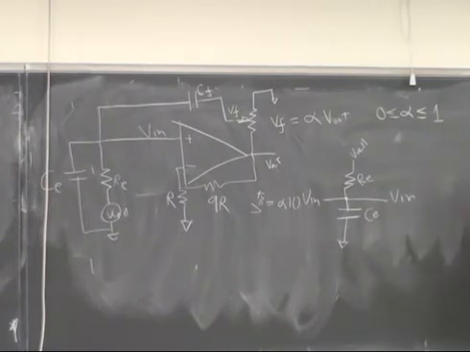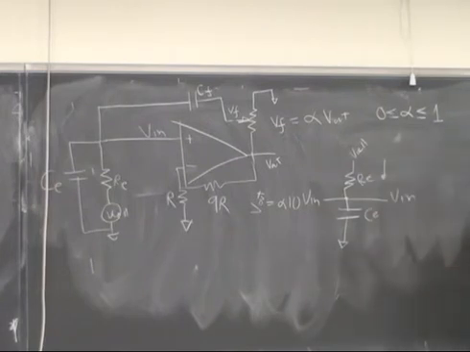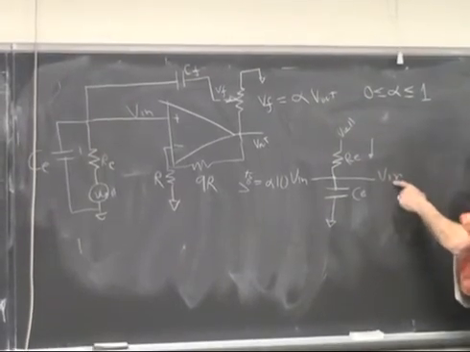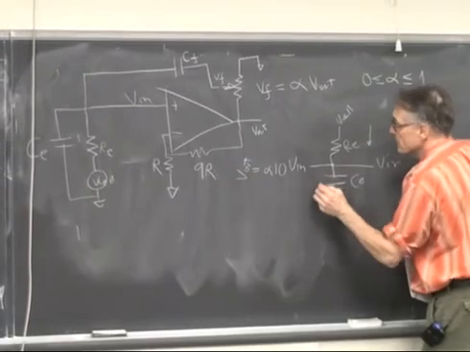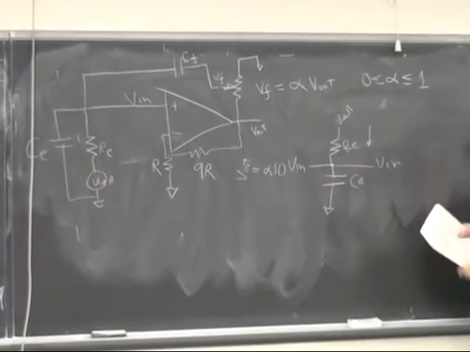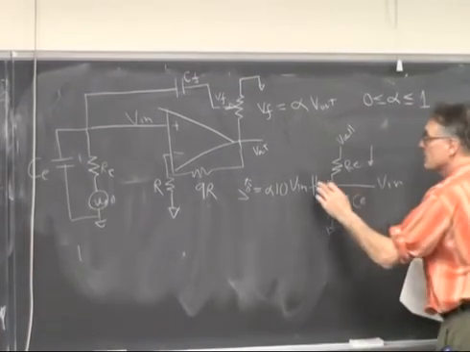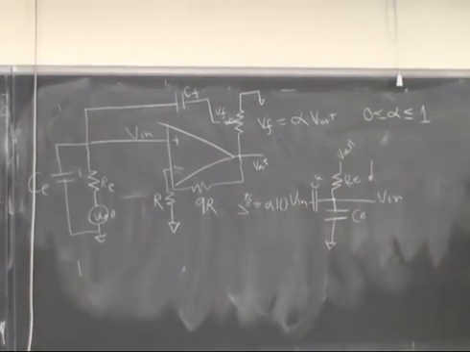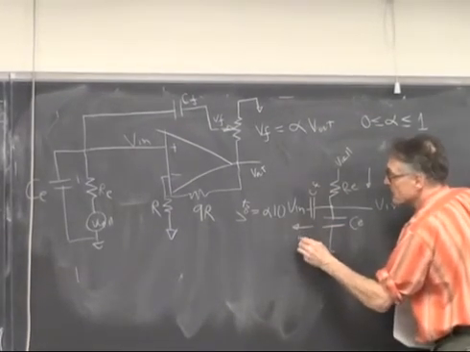So if we have some current flowing in from the cell, not much, but a little bit, then no current flows into the input node of the op-amp. It must then flow out. Oops, there's a capacitor here, right? Capacitor CF. It must flow out through this capacitor.